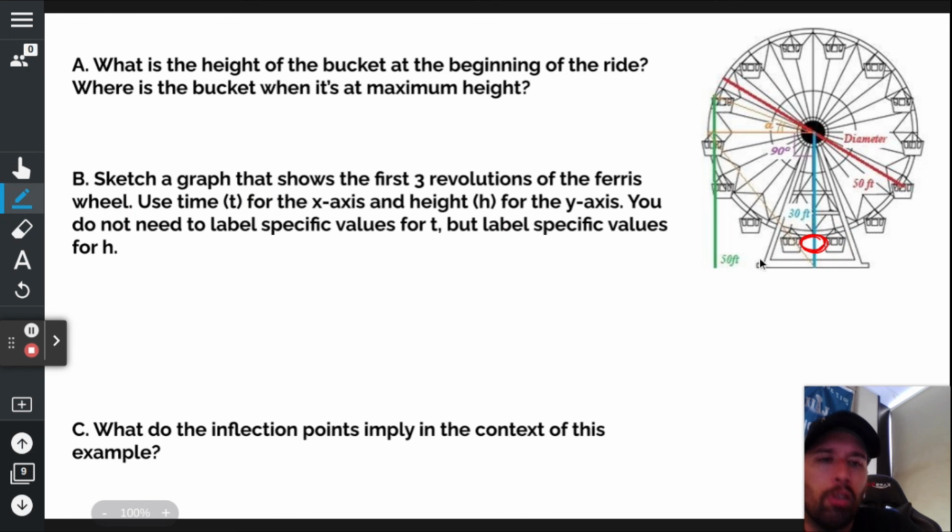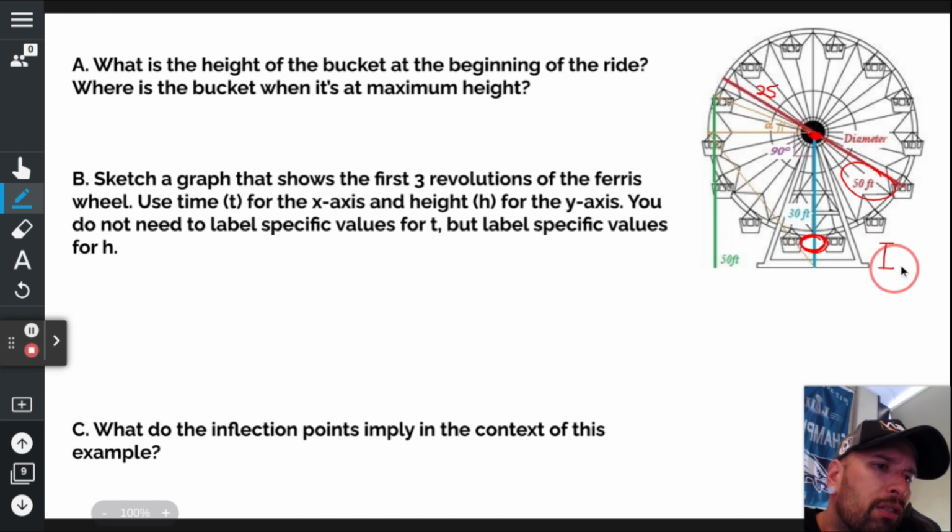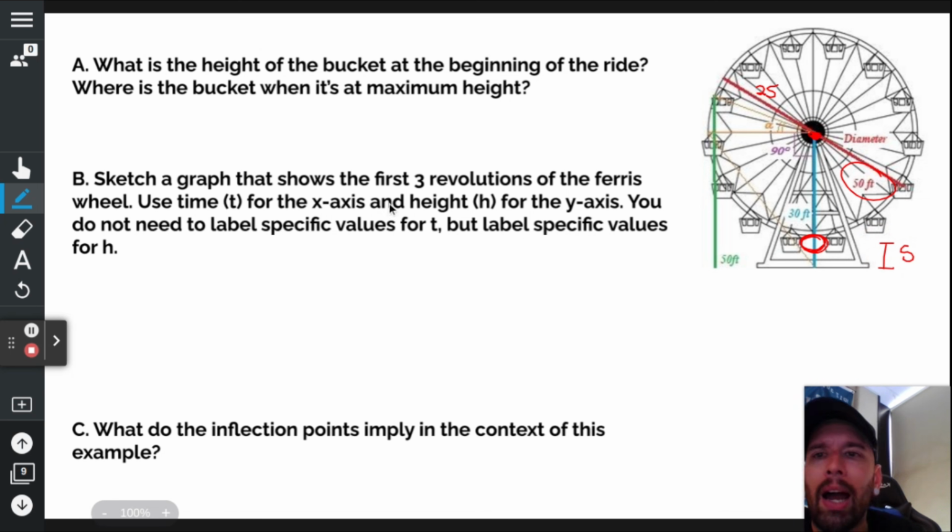Now, what we need to do is find the height of the bucket at the beginning of the ride and find the bucket at its maximum height. It gives me a diameter of this Ferris wheel of 50, which means its radius is 25. So if the center of the Ferris wheel is at 30 feet above the ground, that means the bucket is 5 feet off of the ground.